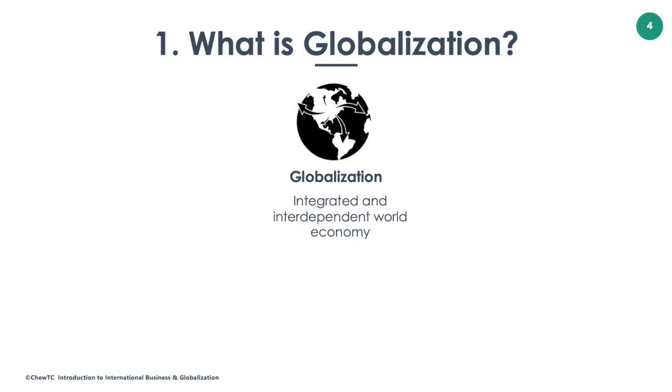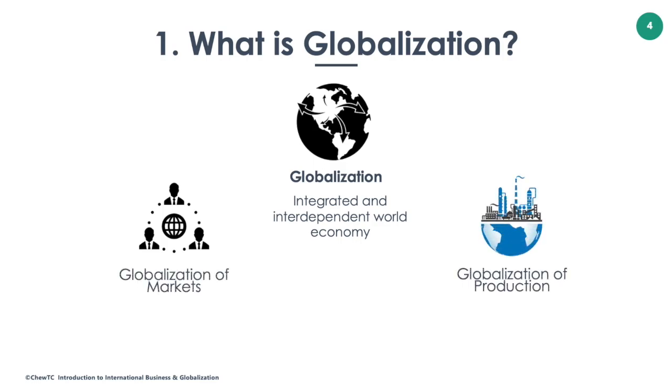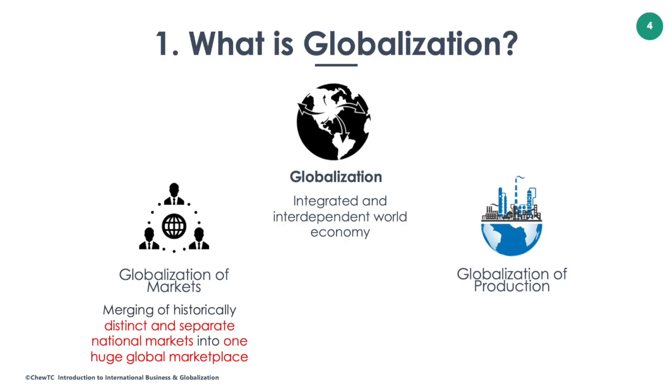Globalization has two aspects, which are globalization of markets and also globalization of production. Globalization of markets refers to the merging or combining of historically distinct and separate national markets into one huge global marketplace.